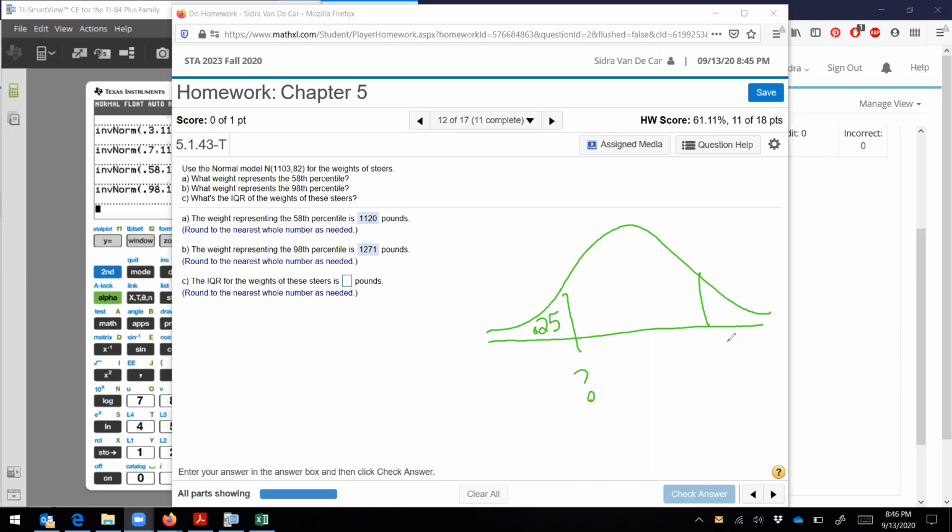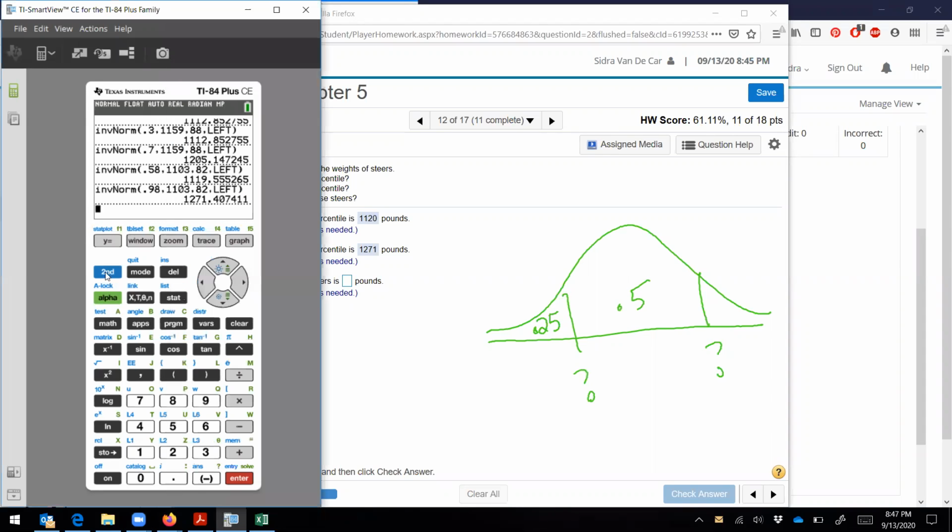And the 75th percentile. So 75th percentile would be 0.25 here and 0.5 here, right? So I want to know those two values. Let's do them one at a time. So the same value, but we're going to change that 98 to a 0.25. 1048.